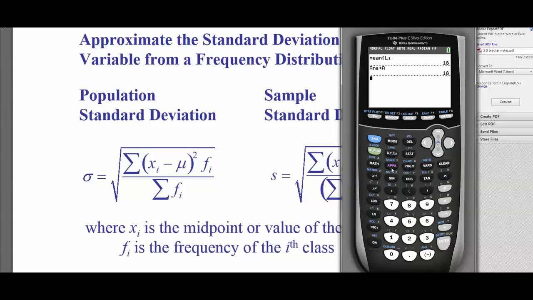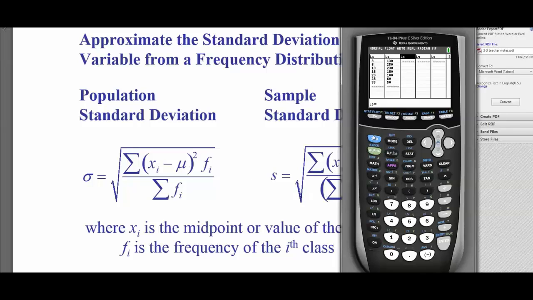All right, and then we'll go back to our stat edit. Okay, so I need another column where I've subtracted and then squared. So I need 2 more columns here. It kind of helps to keep track of what these columns represent. So I need the midpoint minus the mean.